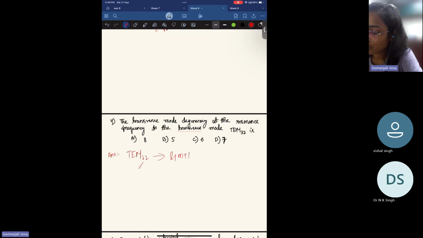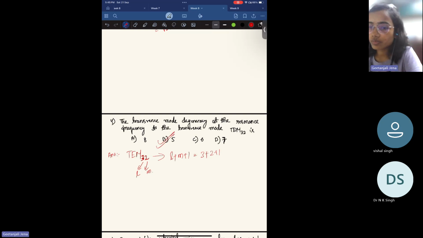Please remember to take the first index as L and the second index as M. So don't interchange the index. So for this case, it will come around 2 plus 2 plus 1, which is 5.